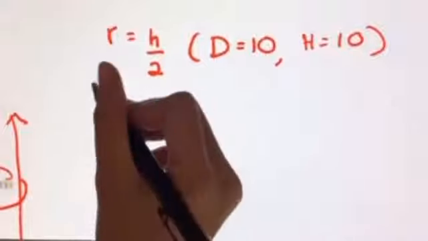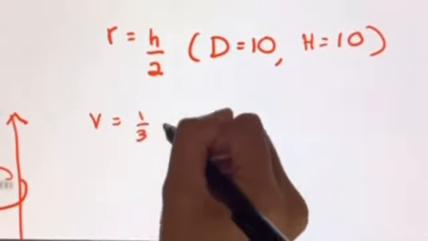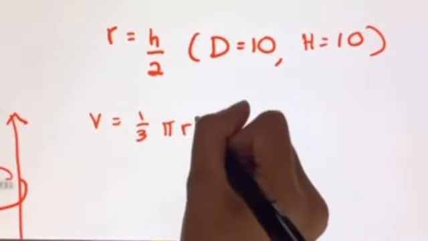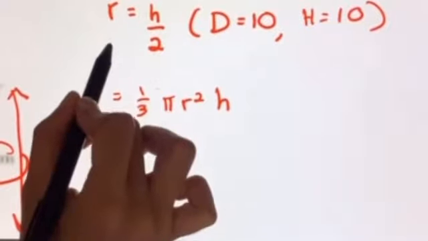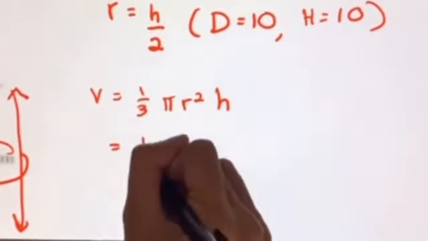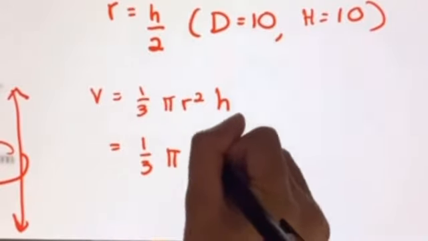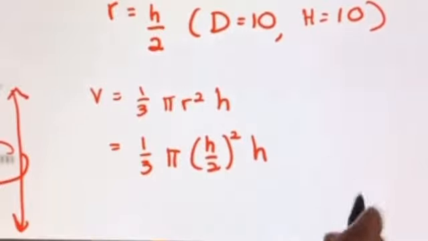Next, we know that the formula to find the volume is 1 over 3 pi r squared h. Substitute r into the formula. We get 1 over 3 pi, h over 2 squared, h.